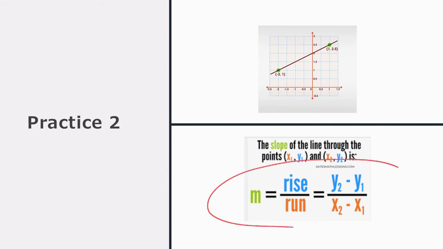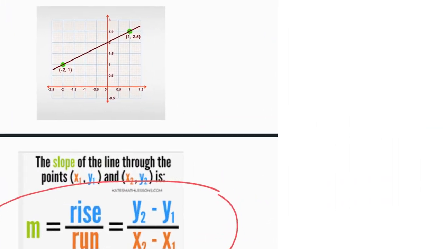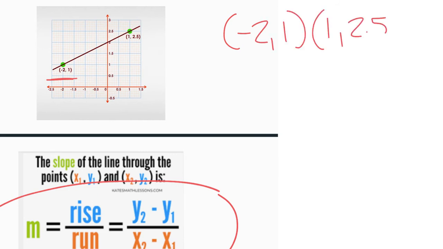It's this rise over the run, y2 minus y1 over x2 minus x1. So let's look at these points, okay? I'm going to write them over here. We have a -2, 1, and I have a 1, and that is a 2.5, okay? So looking at my equation, first of all, let's look at our points. This is x1, this is y1, this is x2, this is y2.